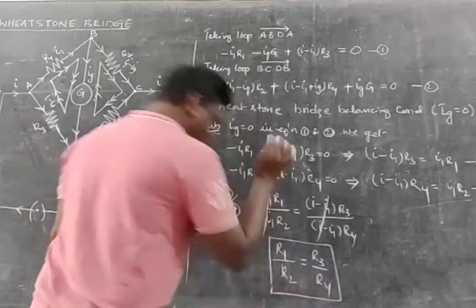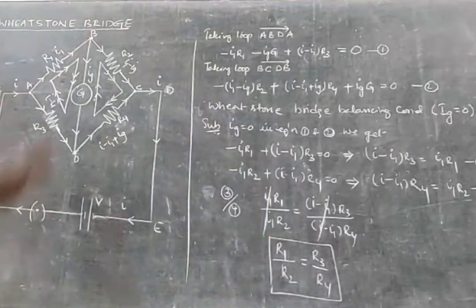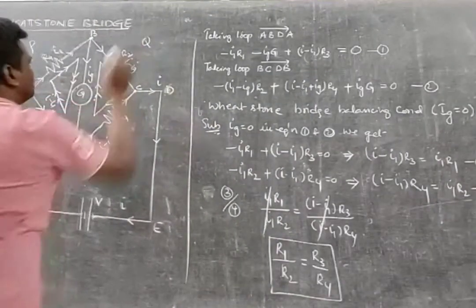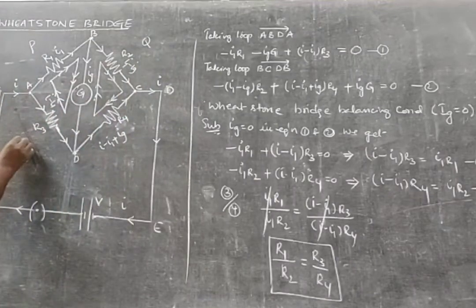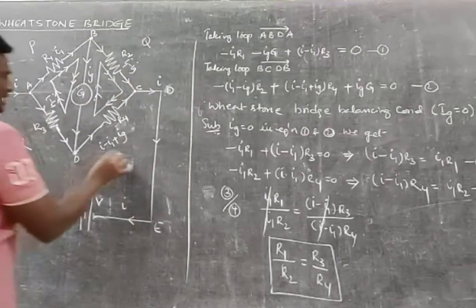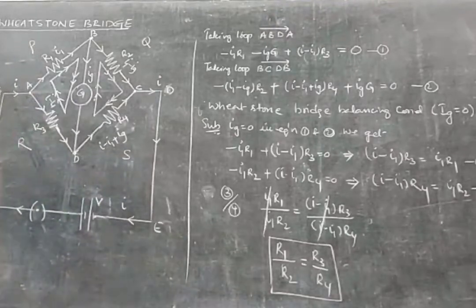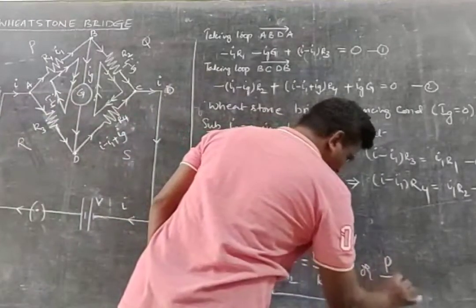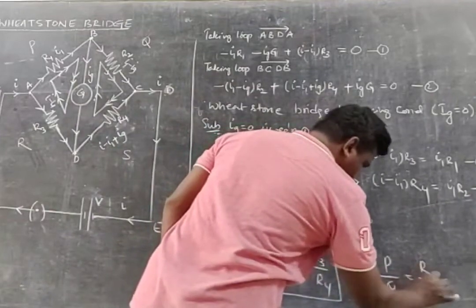Now if I substitute R1 as P, R2 as Q, R3 as R, and R4 as S, so P by Q is equal to R by S.